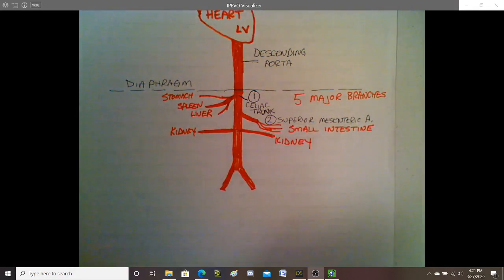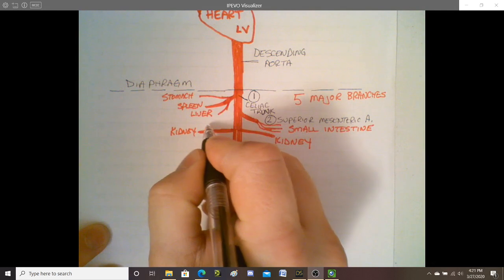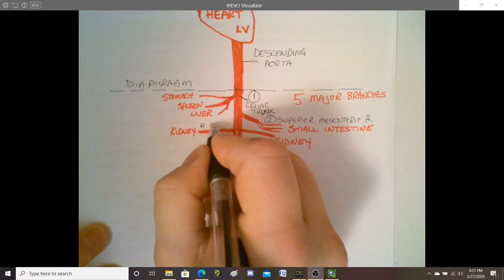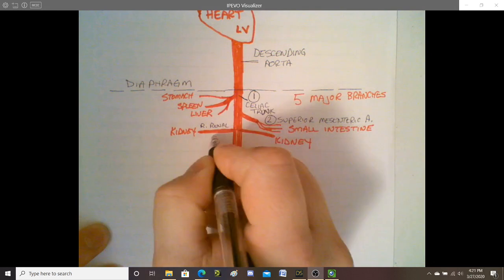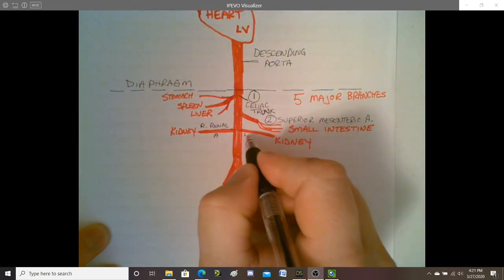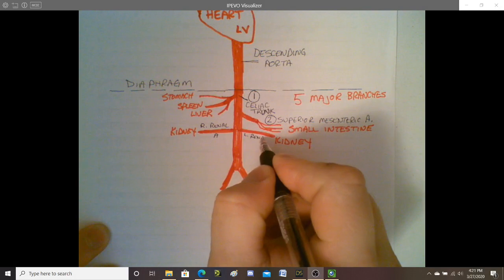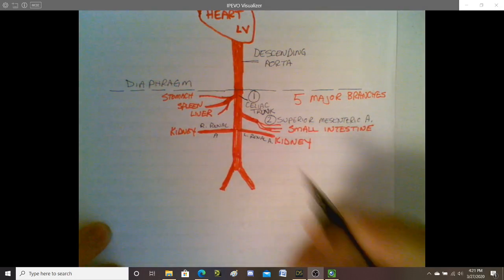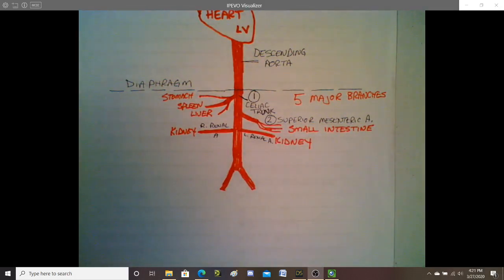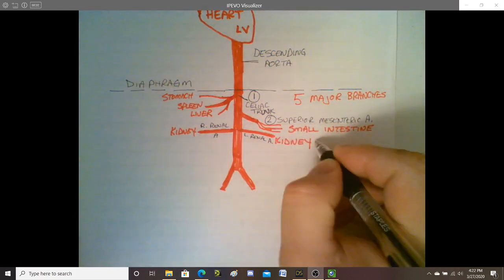Now, there's two of them, so we're going to have the right renal artery, and then the left renal artery. All right, so those are the branches that are going to your kidneys. All right, I didn't label that, but that's number 3. Let me label this. I apologize. Number 3.